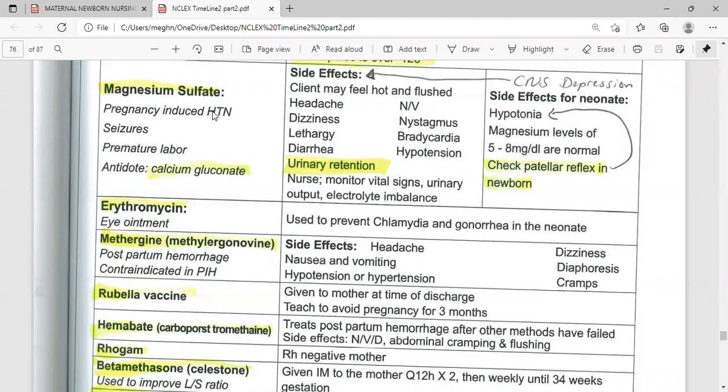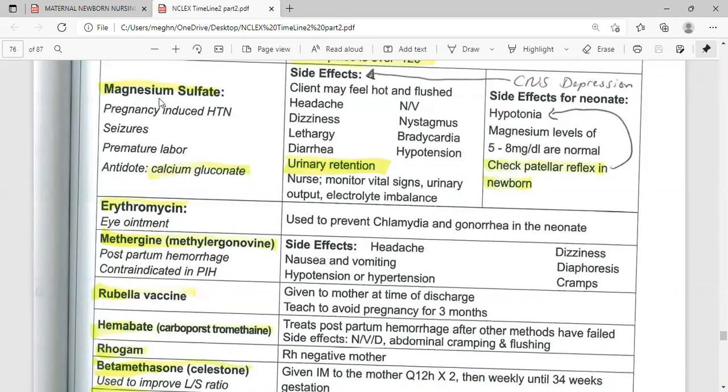So when a pregnant mother has proteinuria, weight gain or edema, and hypertension, these three together we call pregnancy-induced hypertension. We give them magnesium sulfate.